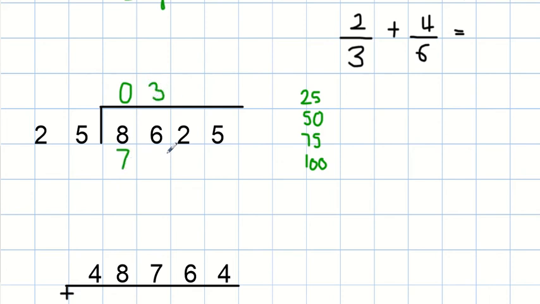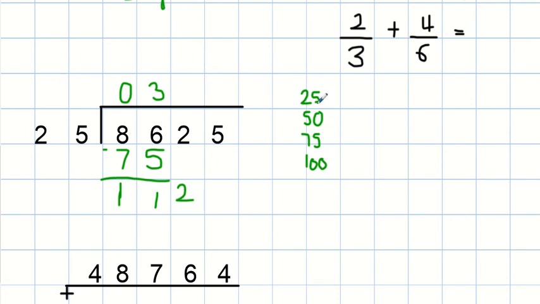I'm going to record 75 under here so that I can find the difference or the remainder. And to do that I'm going to do a subtraction. So 6 subtract 5 is 1, and 8 subtract 7 is 1. Okay, so now I'm thinking 25 into 11. That doesn't go, so I'm going to bring down another digit, or the next digit from my original number, 112.